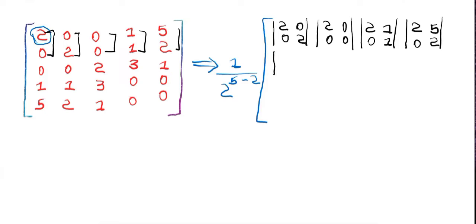In the same way, again we will create 2 cross 2 determinants, and for that we will use the elements of the first row and the third row. Then for this column we will write the elements of the first row and third row, which is 0, 0.